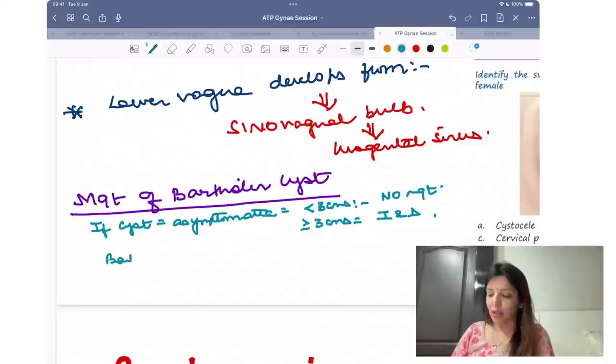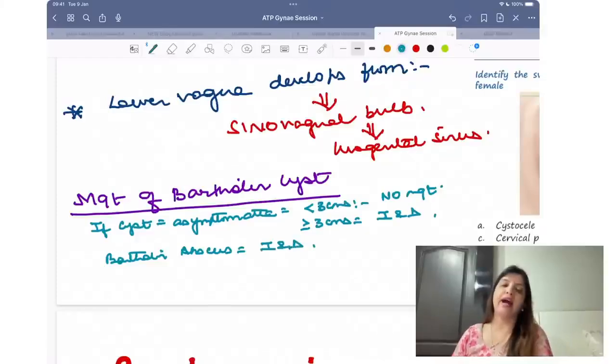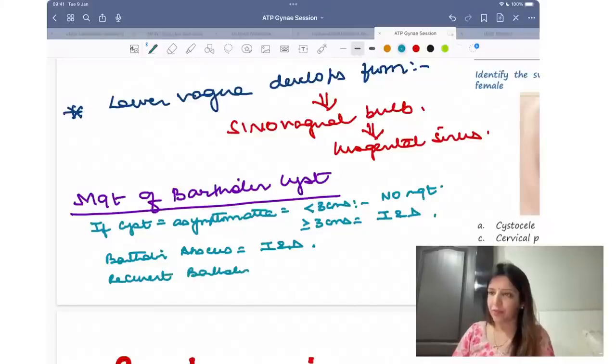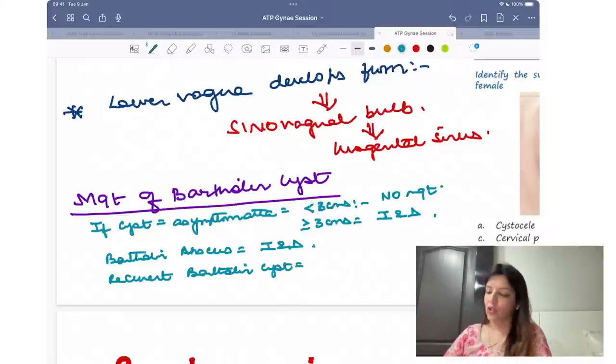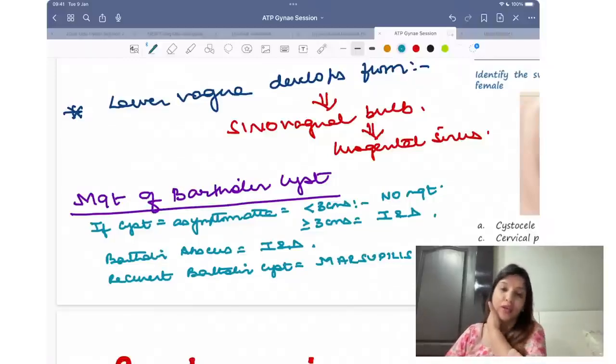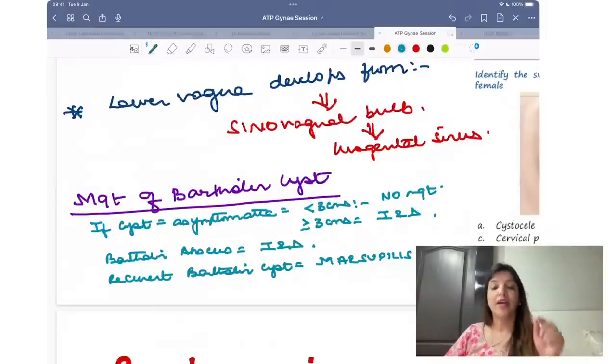If it is a Bartholin abscess, then again incision and drainage. If it is a recurrent Bartholin cyst, then you have to go for marsupialization. Many students are saying the management of Bartholin cyst is marsupialization, but the answer has changed. The management of Bartholin cyst now is incision and drainage; for recurrent Bartholin cyst, marsupialization. Clear to all of you?